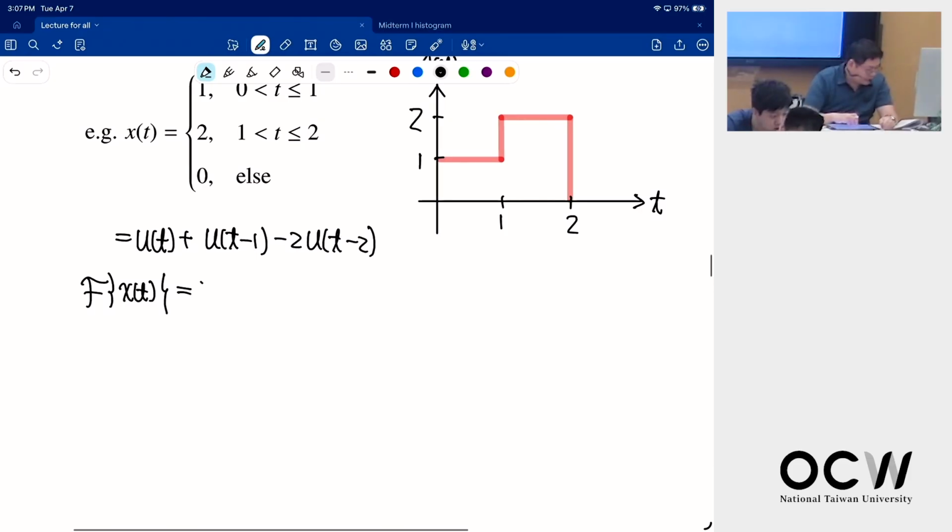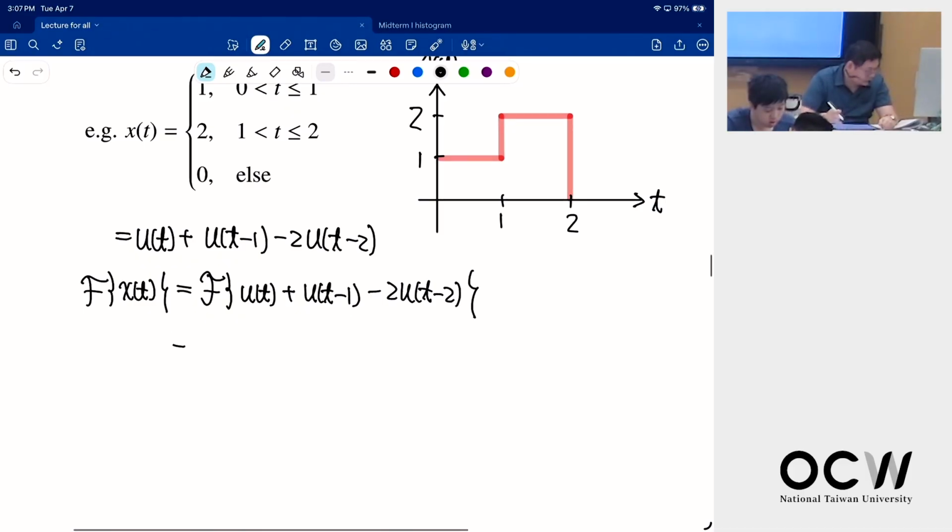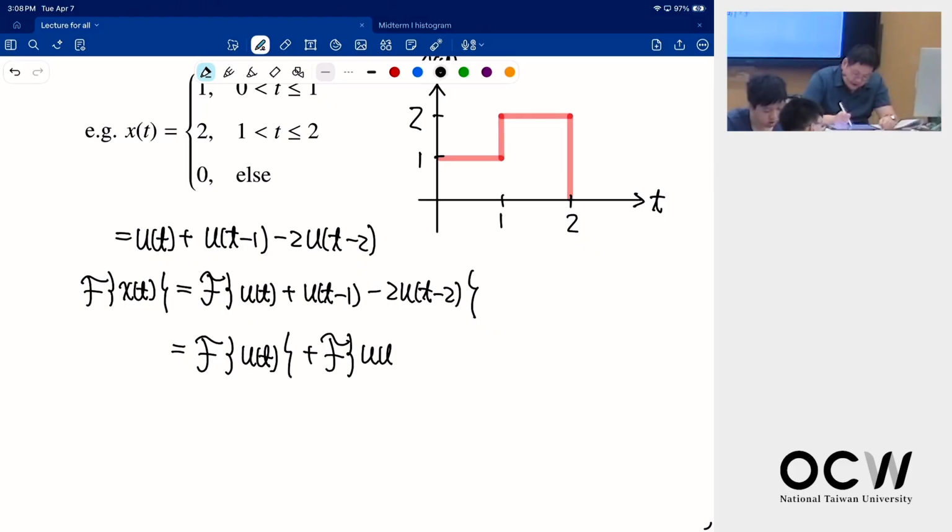So here's the Fourier transform of the unit step function, and then shift by 1 and also shift by 2. For the linearity, I can take the Fourier transform individually.